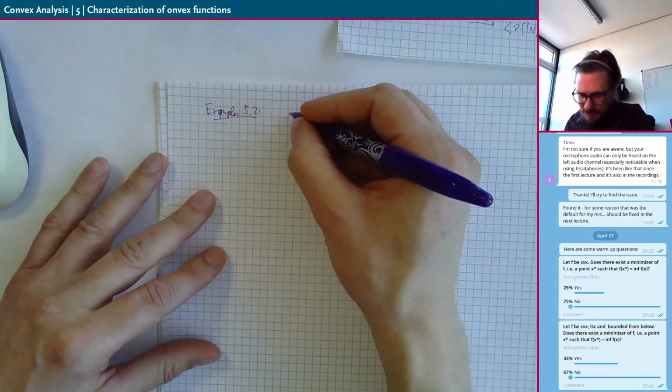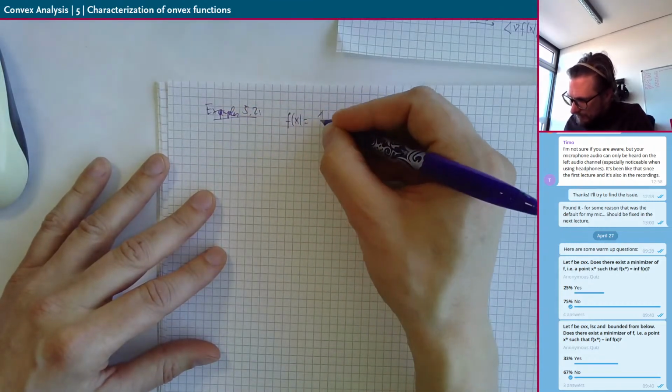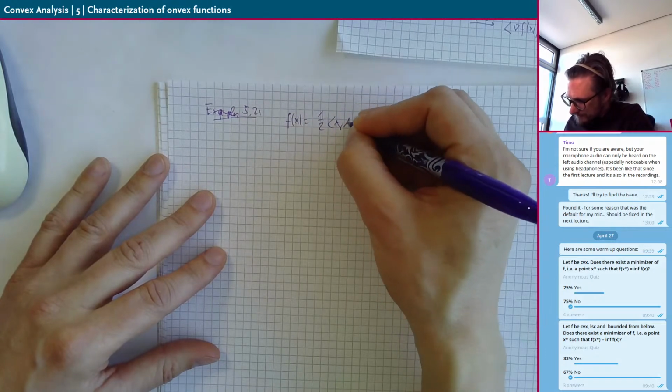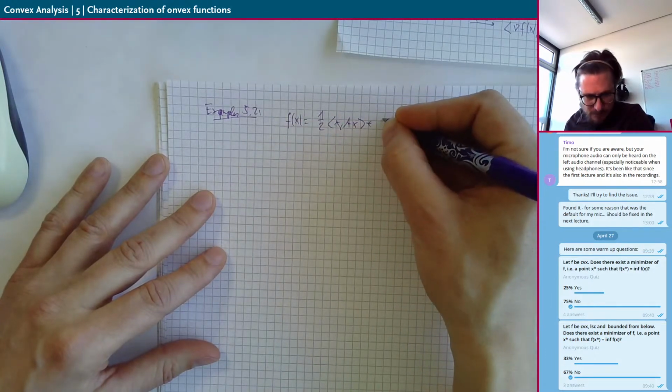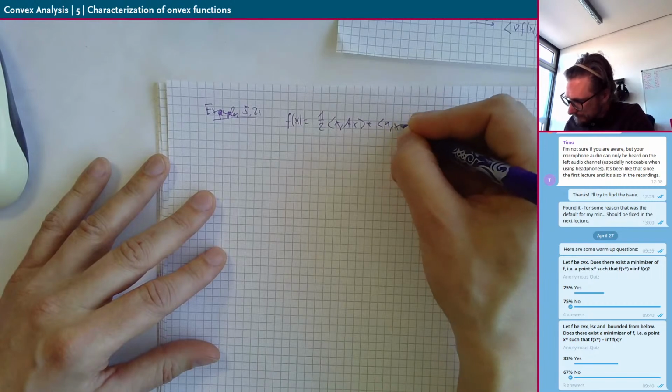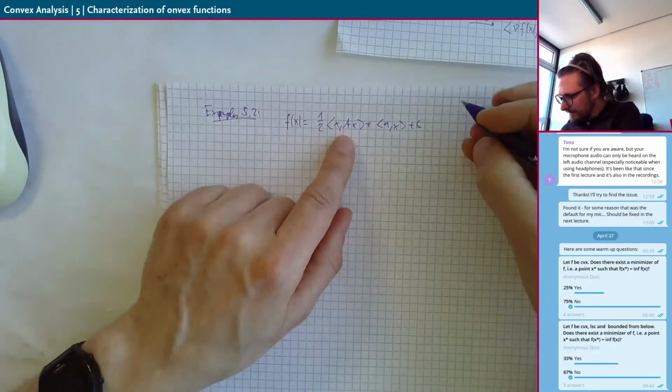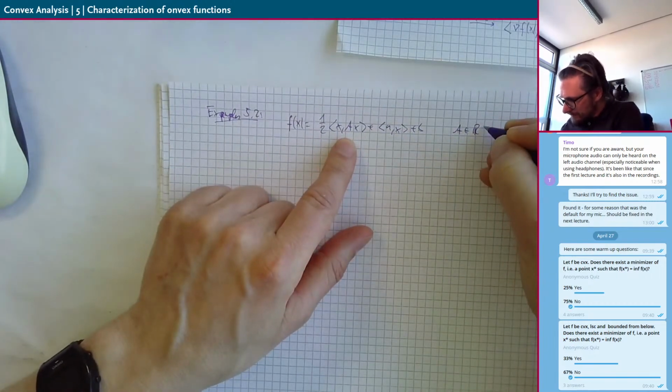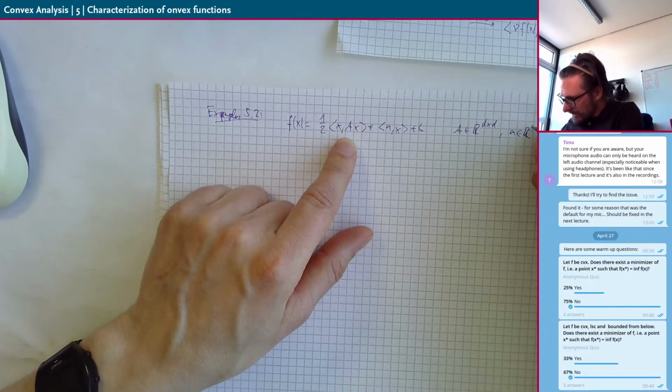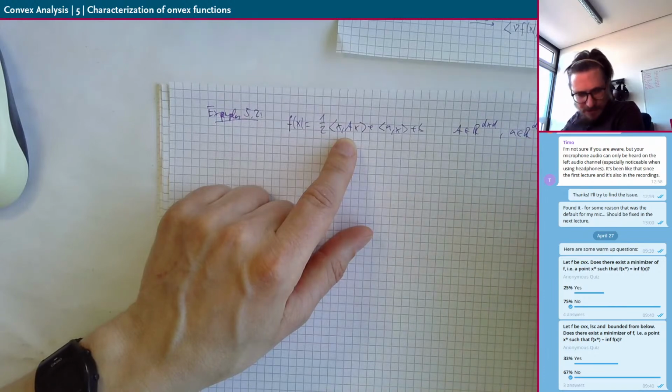So for example, one class of convex functions look like this. We take a matrix A, which is D times D, and a vector a, a small a, which is a D vector, and a scalar b.